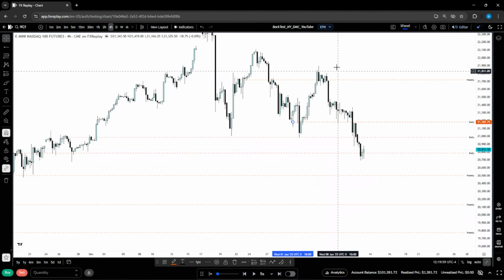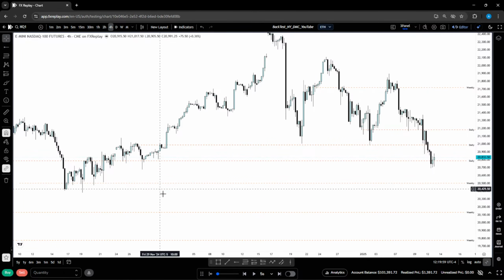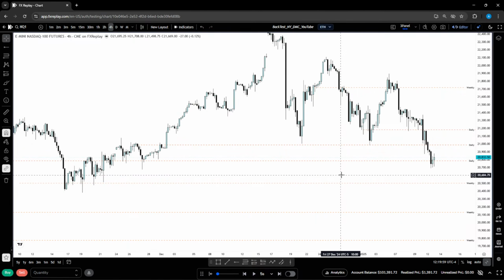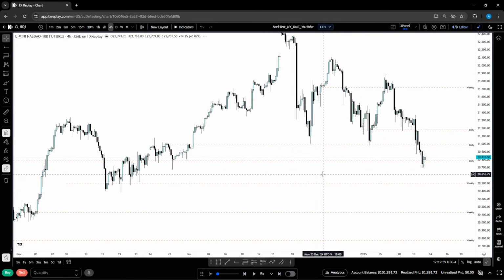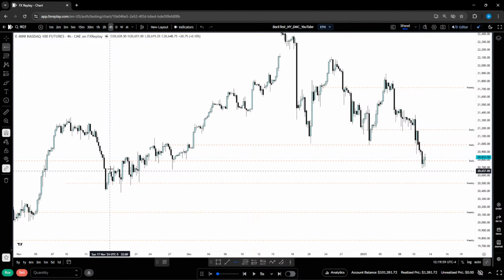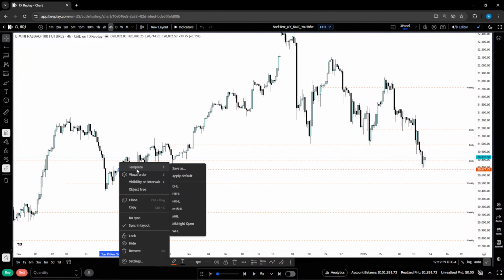Looking at 4 hour, don't really see much. I'll just mark a couple of levels that seem to have a little bit of activity around it. So this would be a 4 hour.